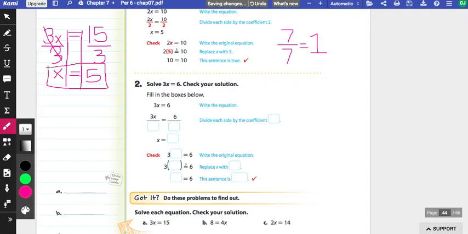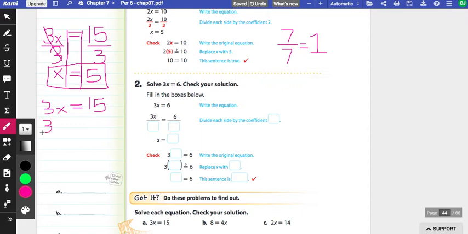If we're not sure, a really great strategy is to check our answer, or check our solution. So we have 3x equals 15. Then we plug in this 5 everywhere we see an x.